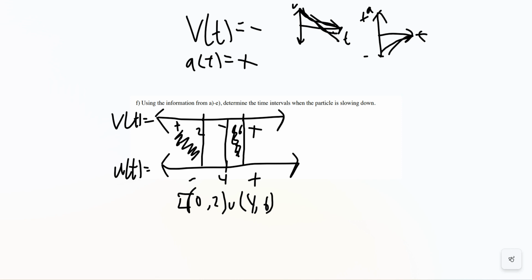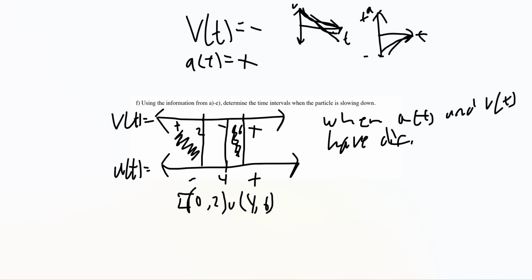And then there's also a statement: this means that we can say that when acceleration and v of t have different signs, it must mean it's slowing down.